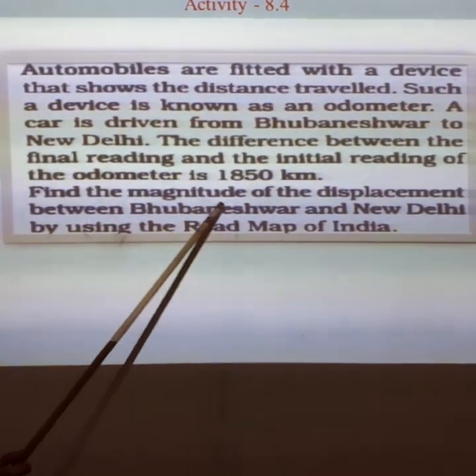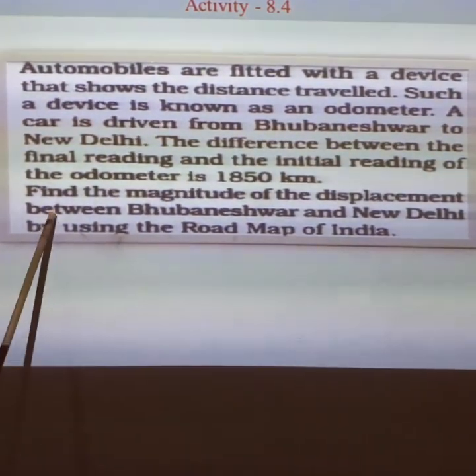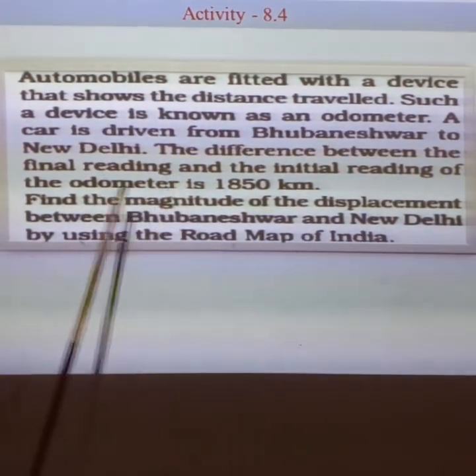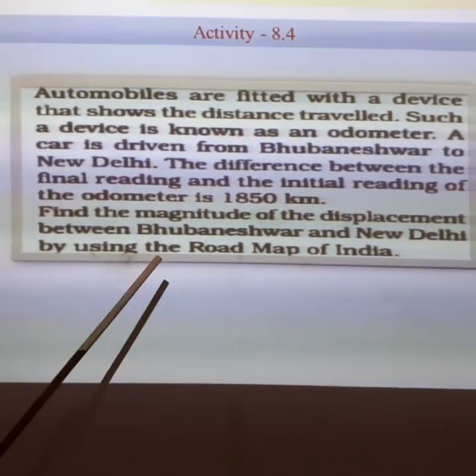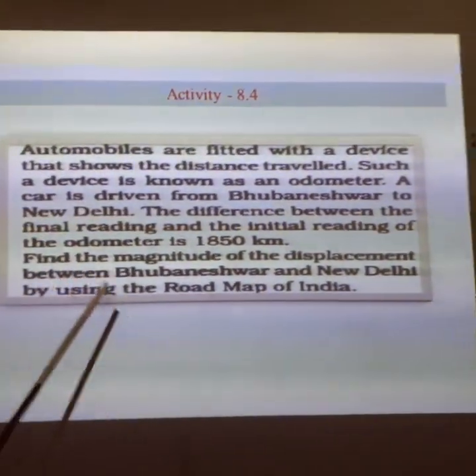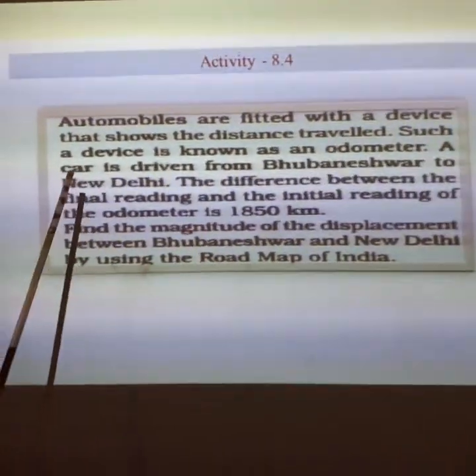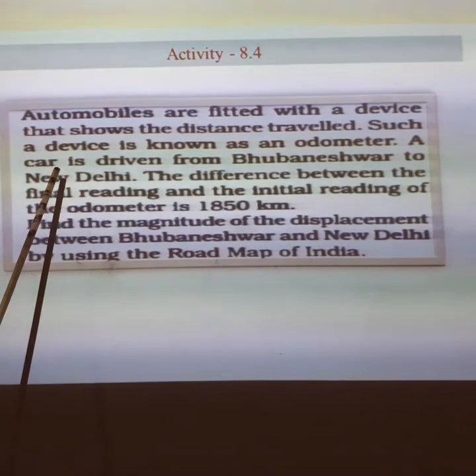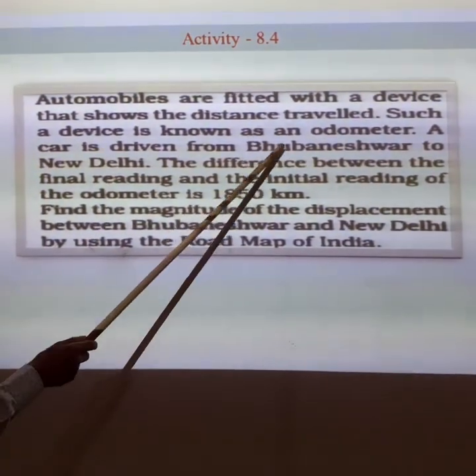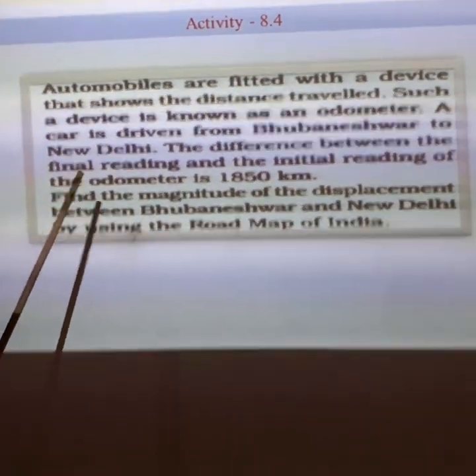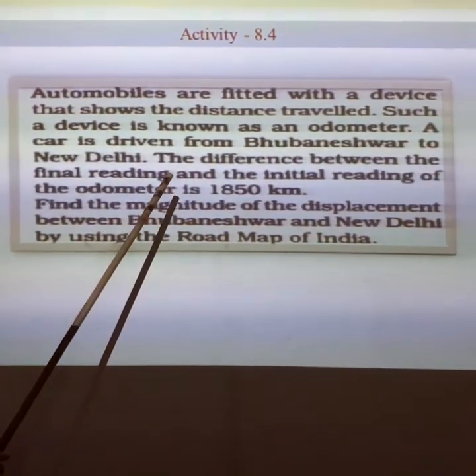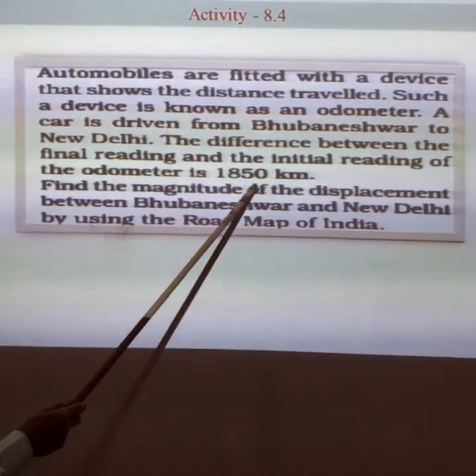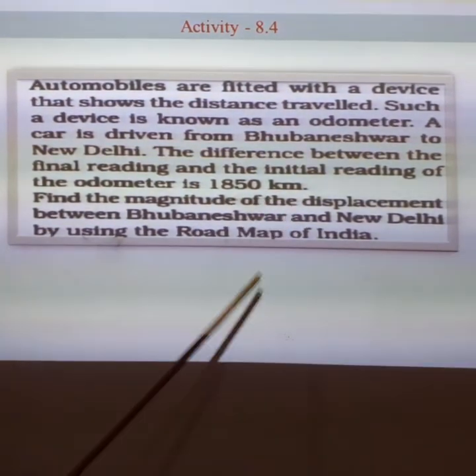Now find the magnitude of the displacement between Bhubaneswar and New Delhi by using the road map of India. What is given is that there is a car which travels from Bhubaneswar to New Delhi, and the difference in the reading of the meter that reads the distance comes out to be 1850 kilometer.